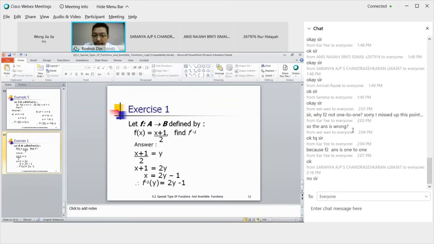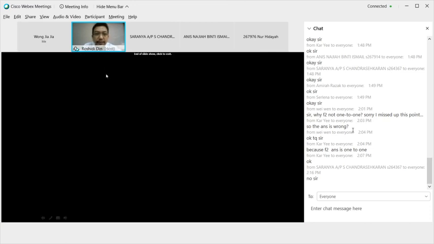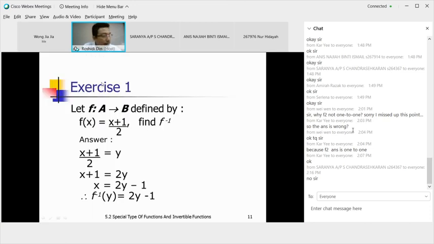Please try to understand this exercise, because in your test or your assignment, at least one question will come from this type of exercise. It looks similar to this one. Okay.